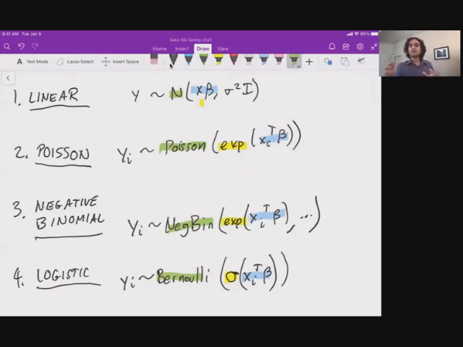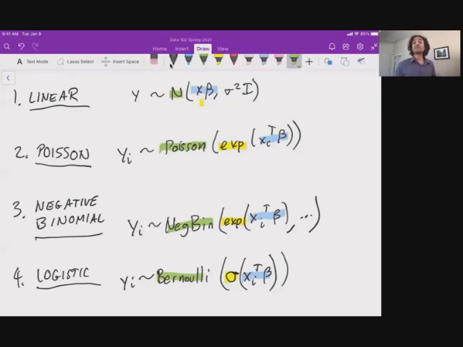All of them have the same linear interaction between x and beta. Then we have some function that we compute of the results. And then we have some likelihood that tells us, okay, that function of x transpose beta is the mean, but then what's the spread of the distribution around it? What kind of distribution is it? That's the likelihood.